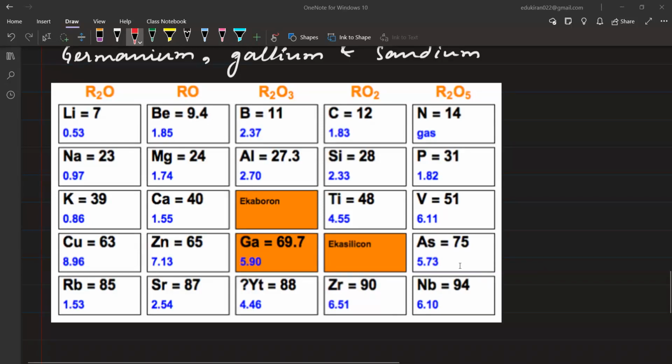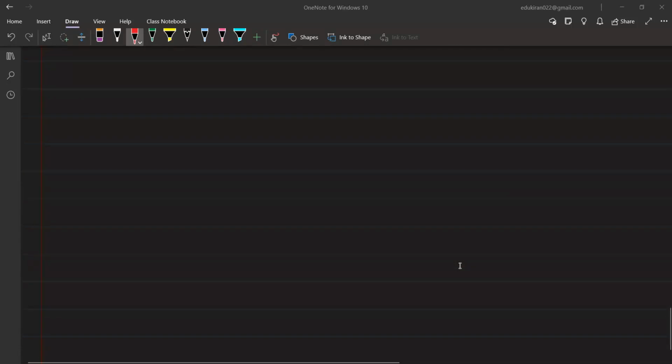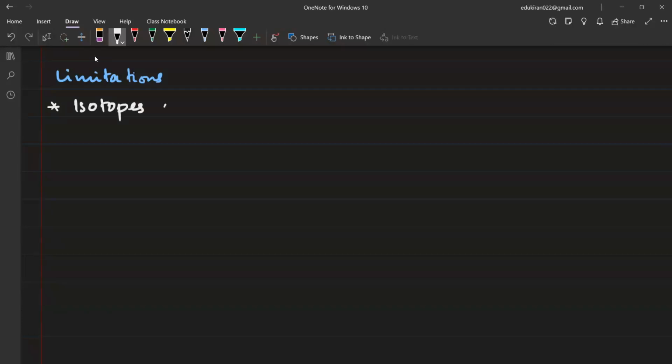Now, next. After Mendeleev, we are obviously going to write some of its drawbacks. First drawback is, since they were arranging them in increasing order of atomic weights, they should have done something about the isotopes. But none of them did anything about the isotopes. So isotopes were not considered.